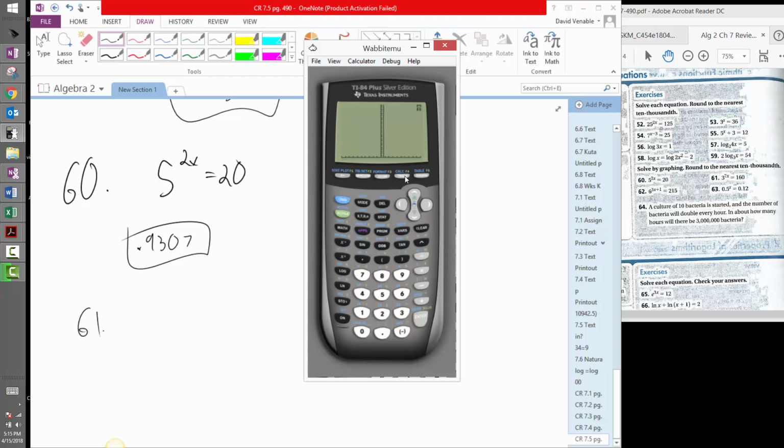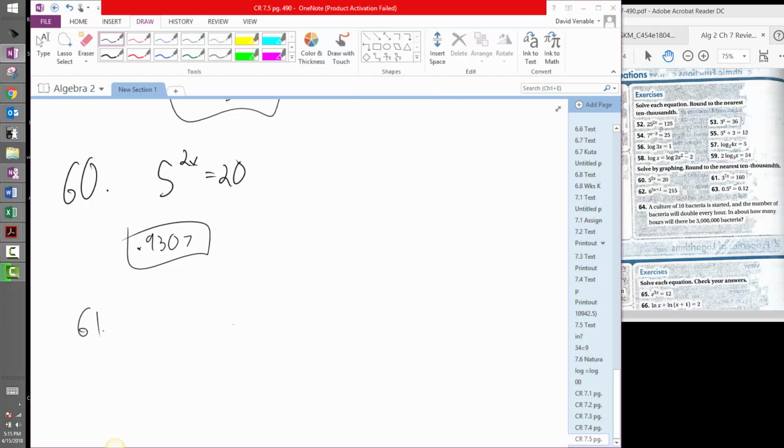Watch, I'm going to do second, calc, intersect. I'm going to mash the enter button 3 times. And then boom, the intersection is 0.6599. Again, what I did is I took 3 to the 7x equals 160 and subtracted 160 on both sides.